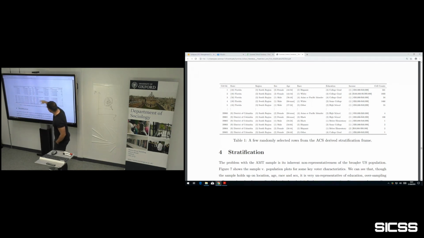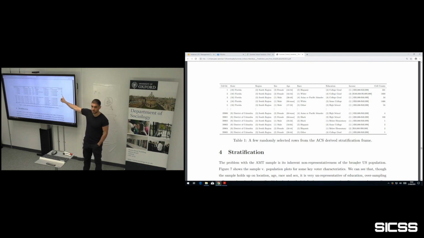These are the variables that represent a given category. So the top category is females of Hispanic origin between the ages of 44 and 54, who are college graduates, who earn between $0 and $49,000 and $50,000, and who live in the state of Florida. And there are 241 such people in the ACS microdata sample.